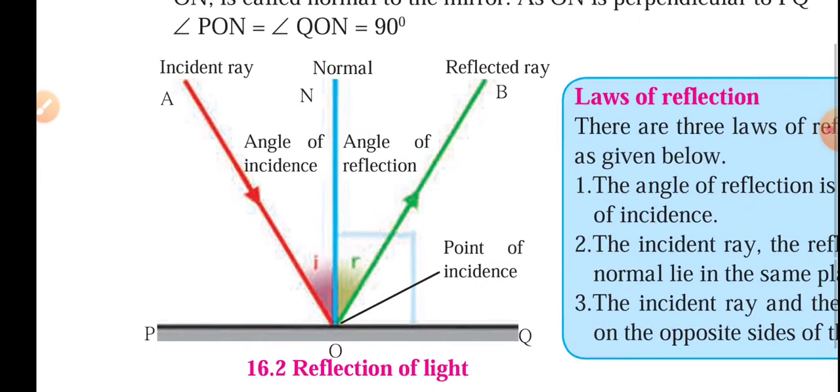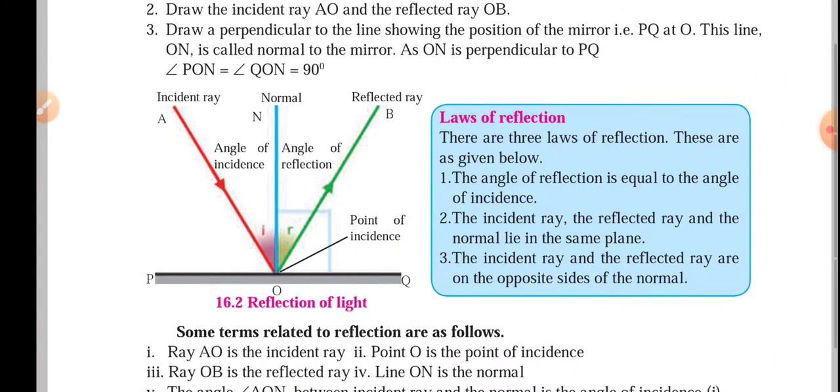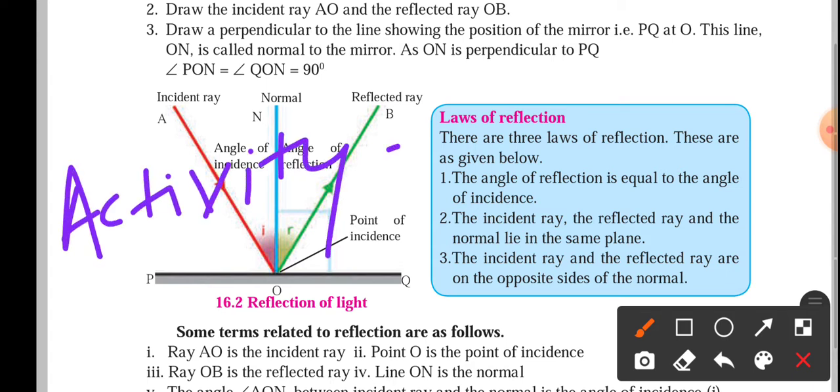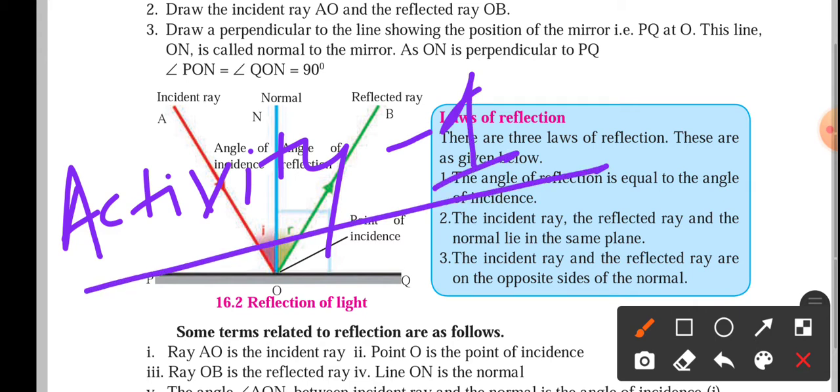Now, here comes your first activity for this particular chapter, which you have to complete. Activity number 1 is you have to draw this diagram, that is reflection of light, and while drawing, take care that angle i should be equal to angle r.